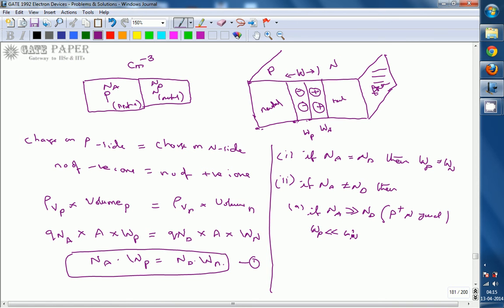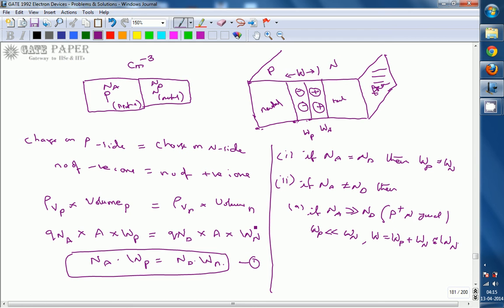That is, the depletion layer penetrates more into the lightly doped side, that is, the n side. So the total depletion layer width W is equal to Wp plus Wn, and it is approximately equal to Wn itself.